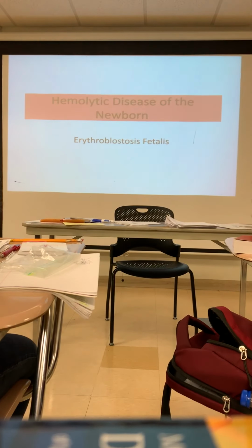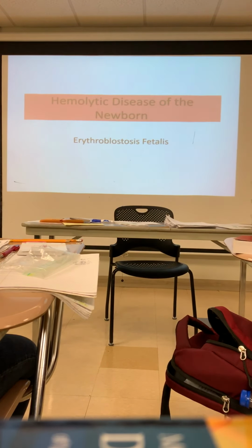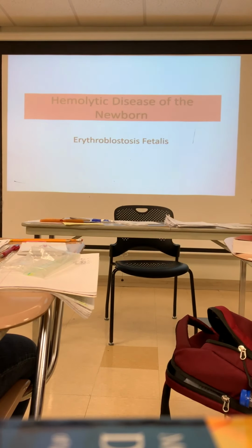But this only occurs when women are RH negative. If you're RH positive, there's no problem. Only women with RH negative, whether you're an A, a B, an AB, or an O.